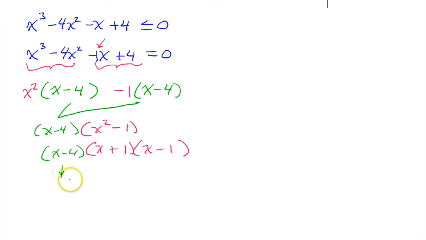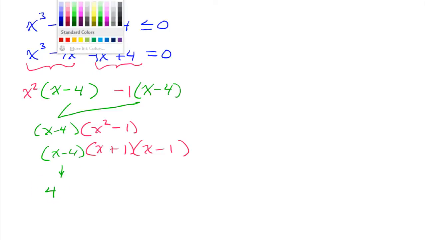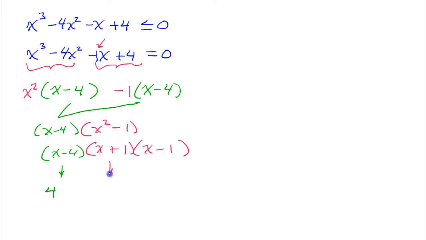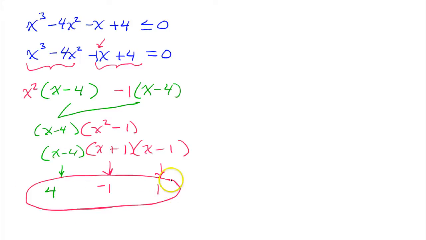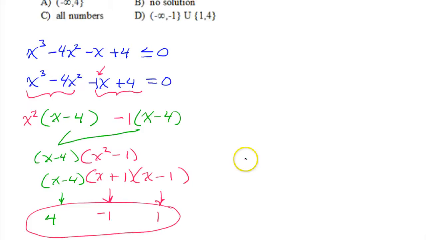So this is factored form, but it gives me the zeros of positive 4 and negative 1 and positive 1. These are my zeros. Okay, so I've got negative 1, positive 1, and 4.